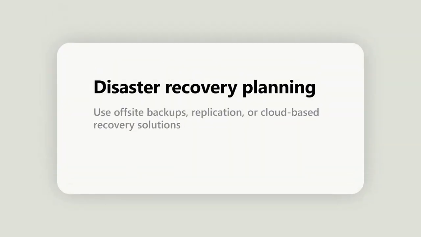Lastly, there should be a comprehensive disaster recovery plan with procedures for restoring data and resuming operations during a catastrophic failure or natural disaster. This plan may involve off-site backups, replication to secondary sites, or cloud-based disaster recovery solutions.